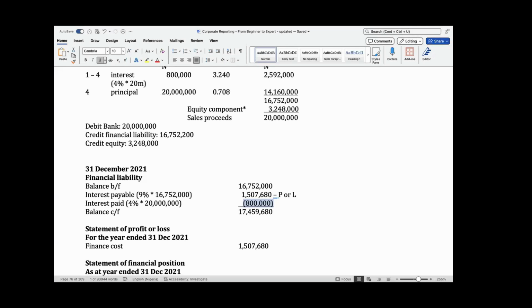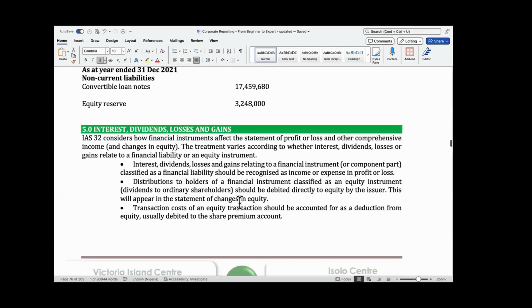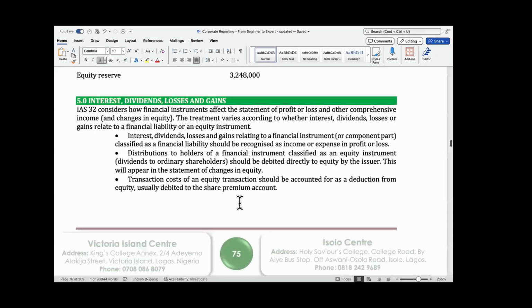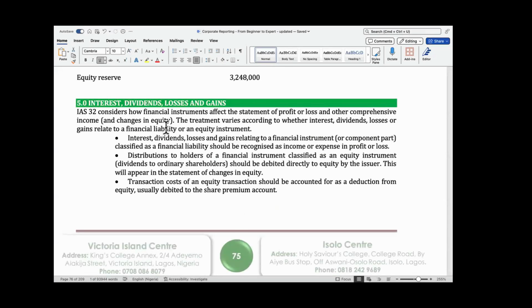Now, very quickly, I need to point this out to you that interest, dividends, losses and gains relating to financial liability go to P&L. Majorly, they go to P&L.